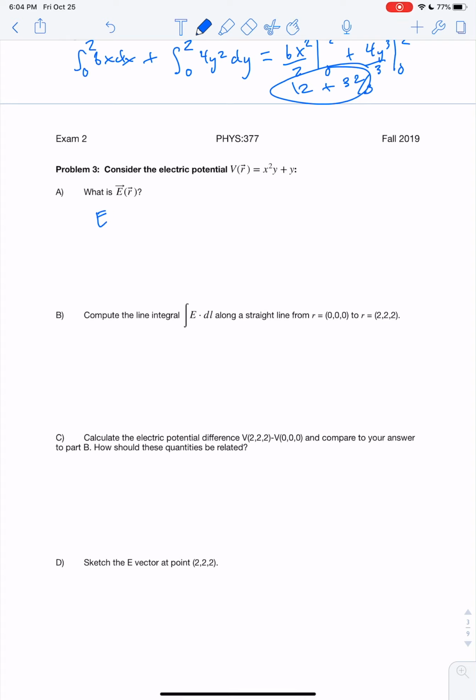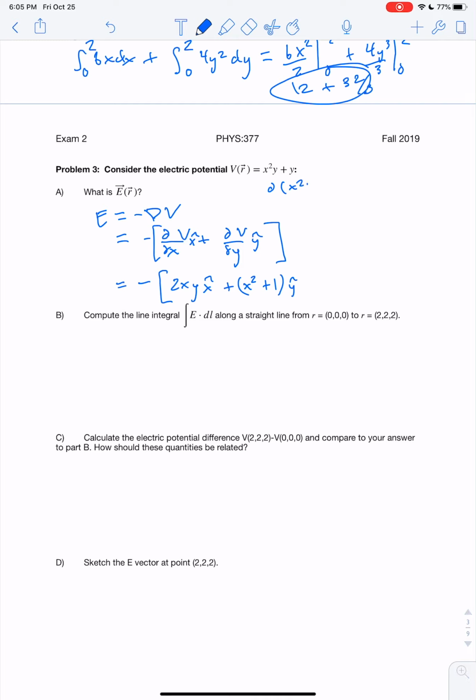So we know that E is equal to minus del V, and this is going to be equal to minus d dx of V x hat plus dV dy y hat, and of course z as well, but there's no z component, so this is going to be minus, and then we get 2xy in the x hat direction, plus x squared plus 1 in the y hat direction, because d dx of x squared y plus y dy is equal to x squared plus 1.